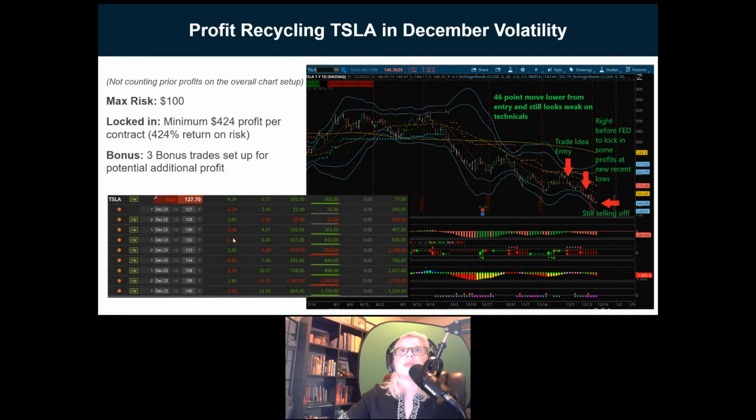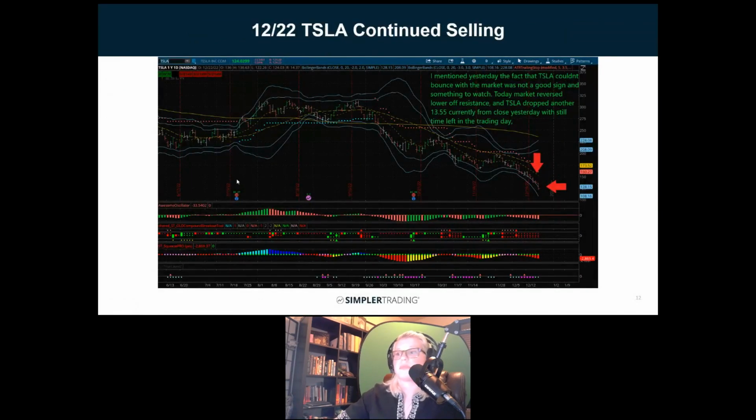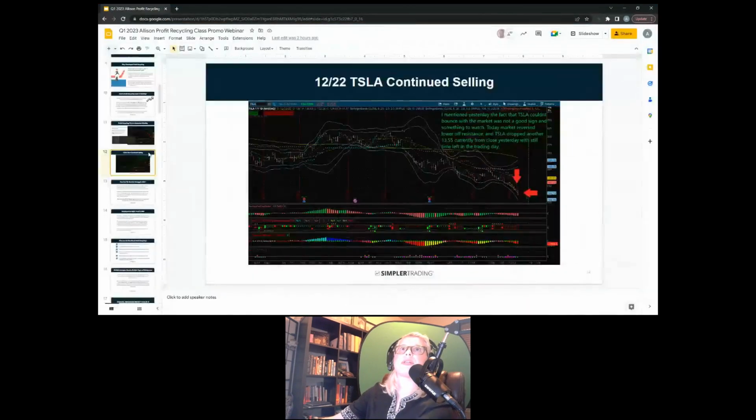And then we built into multiple butterflies throughout and ended up in total with a 424 profit. So the worst case scenario, as you can see, was 424. And then with the bonus trades that we set up, there was bonus profit potentially available depending how we let those go into the end. But as you can see, most of these are one lot style trades that we start with. So I hope that helps answer your question there.